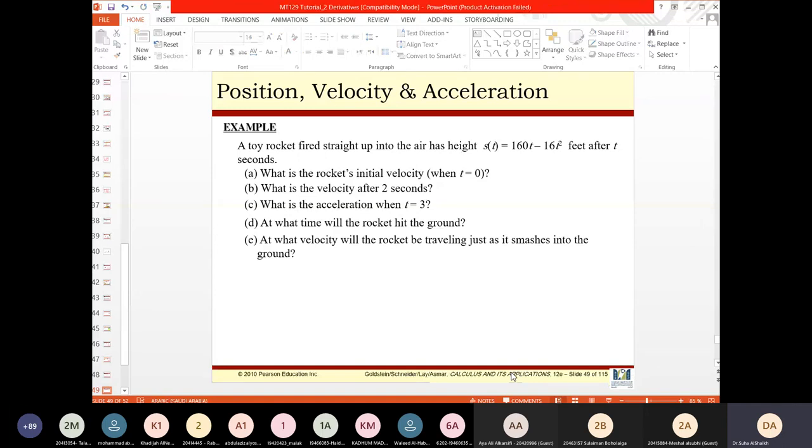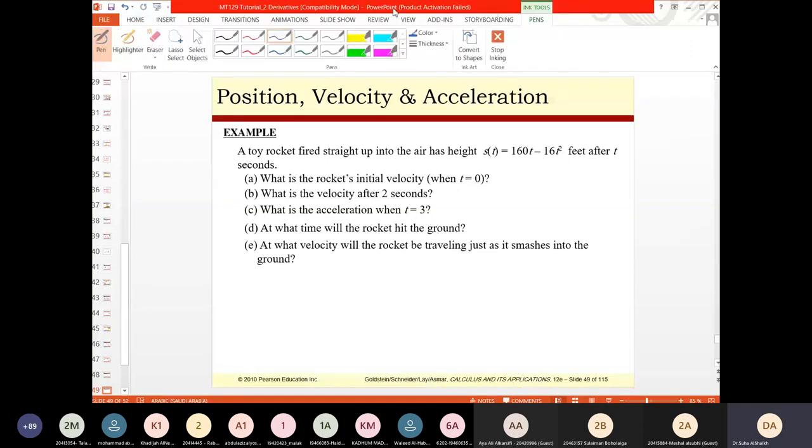Okay. So we have a toy rocket that is fired straight up into the air, and its height S of t, which is the position, is given by this function. This is after t seconds. Always in those questions we are using t as a variable.